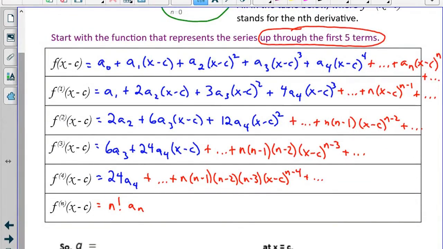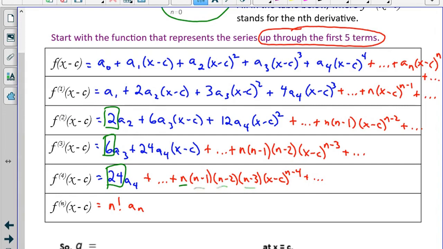And what you find is when we start taking derivatives, there's a number that starts going out in front. If you look at the stuff that's in red, you can see probably a little bit more clearly what's happening. If I took another derivative, like the fifth derivative, this n minus 4 would get multiplied out in front, and then the new power would be n minus 5.